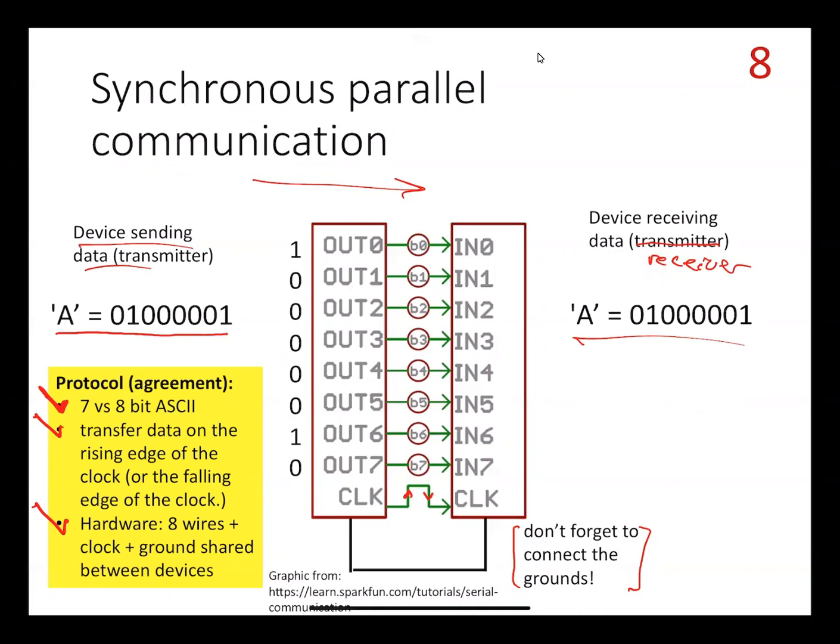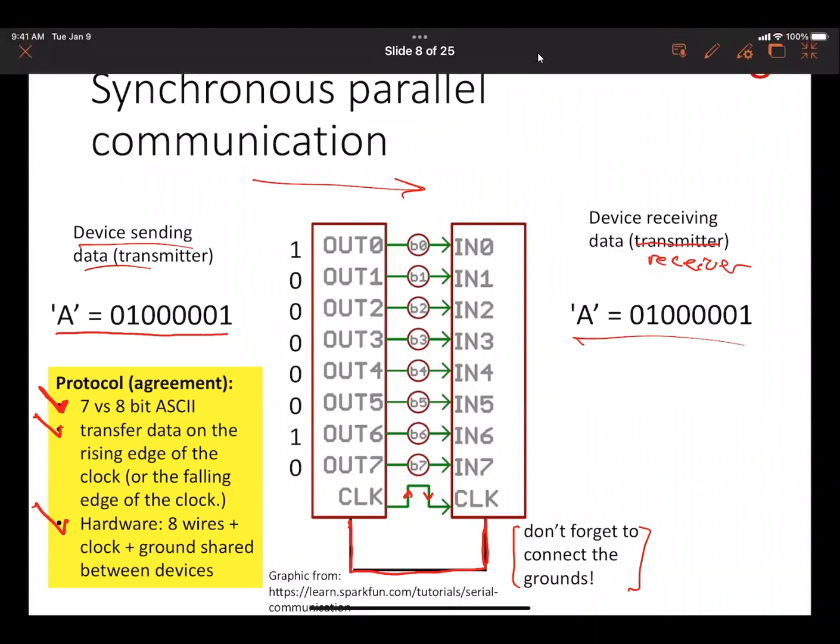A 1 is going to be a voltage relative to ground, might be 5 volts, might be a different value. And a 0 would be a different voltage relative to ground, might be 0, might be a different value. And they're all relative to ground. So you have to share that ground wire between these two terminals here.